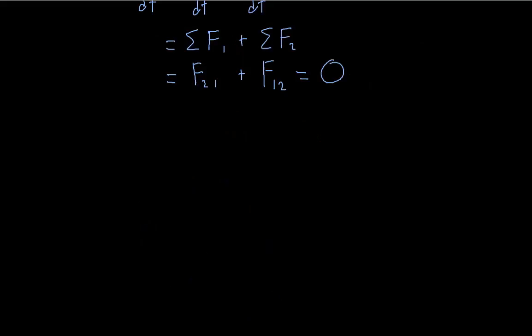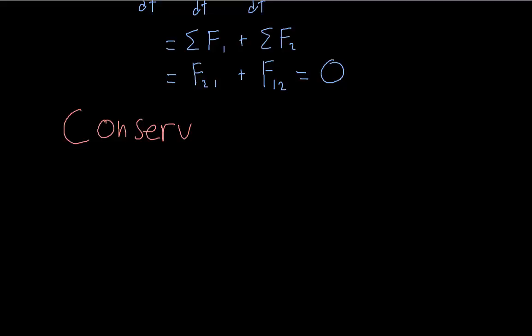So therefore, the rate of change of the total momentum of the system is 0. In other words, the momentum stays constant. Maybe not necessarily the individual momentum of object 1 and object 2, but if you add the momentum up, they always stay the same. So this is called the conservation of momentum.